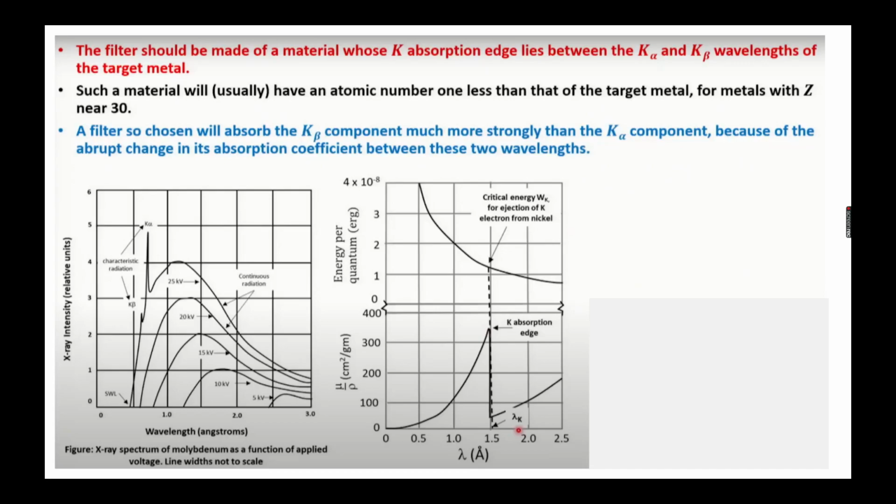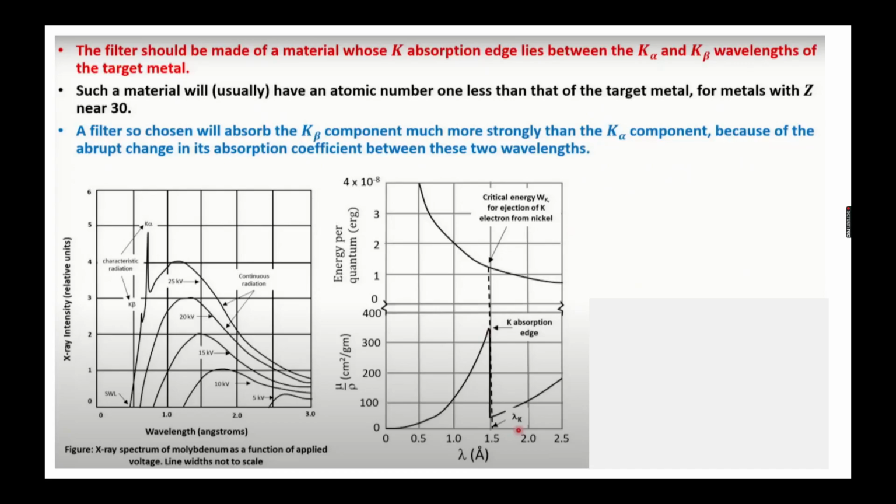So if your filter absorbs the K beta component, it should not absorb the K alpha. Then only you will be able to get the K alpha component more strongly. So that is also one reason for using the filter.